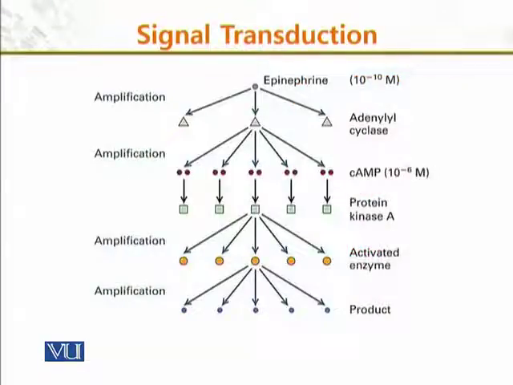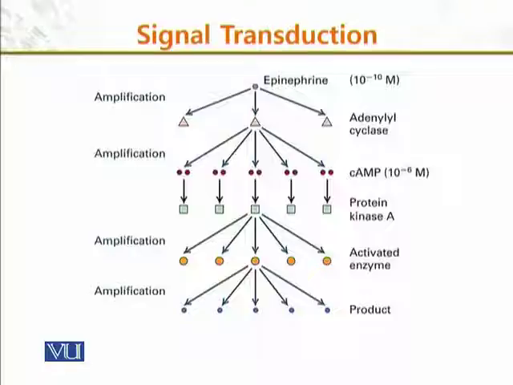For example, here we take another compound, epinephrine, at a concentration of 10 raised to the power minus 10 molar. We can see that it passes on to one stage that goes to adenyl cyclase, then cyclic AMP, and there is amplification.